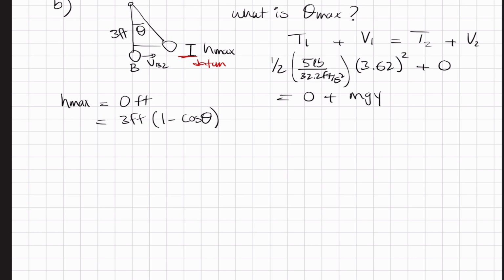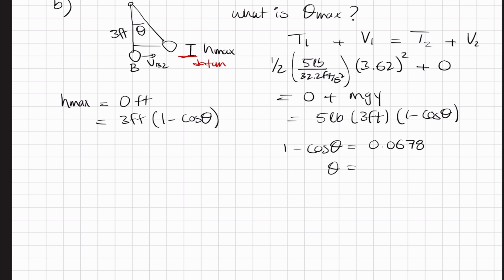So going back into my conservation of energy equation, we have 5 pounds times 3 feet times 1 minus cosine theta. So you have one equation, one unknown, right? And if we calculate things correctly, we have 1 minus cosine theta is equal to 0.00678. Theta is equal to 21.22 degrees.